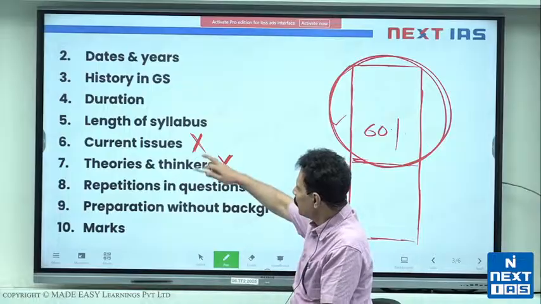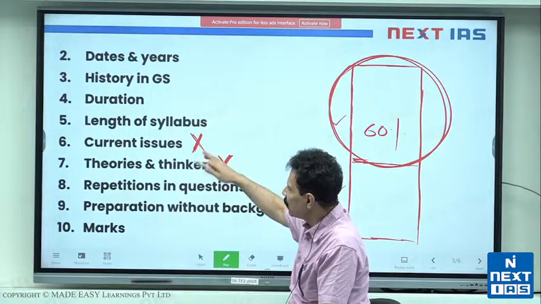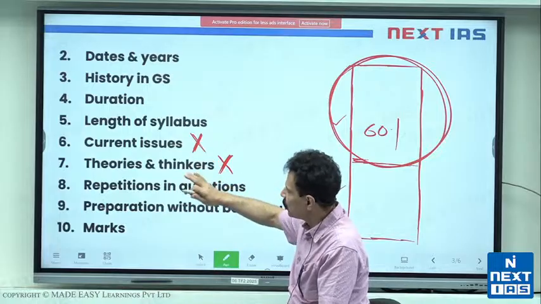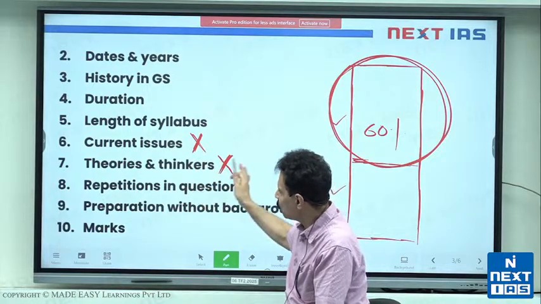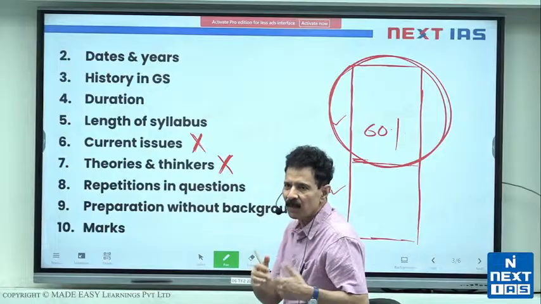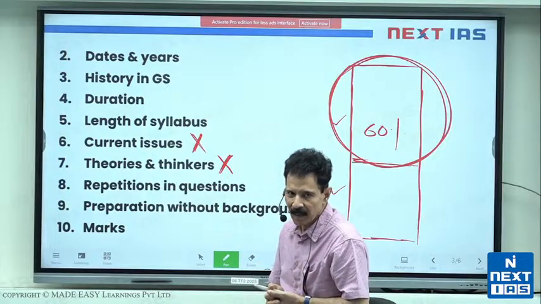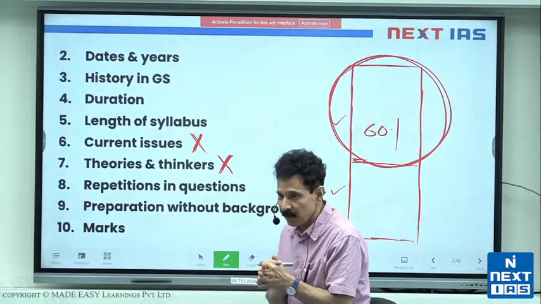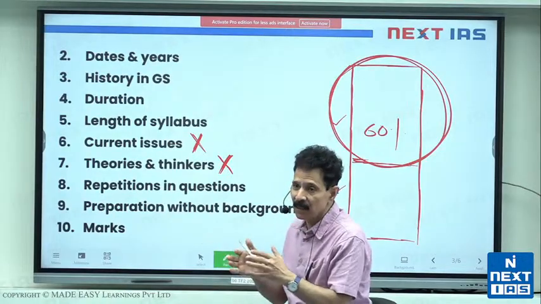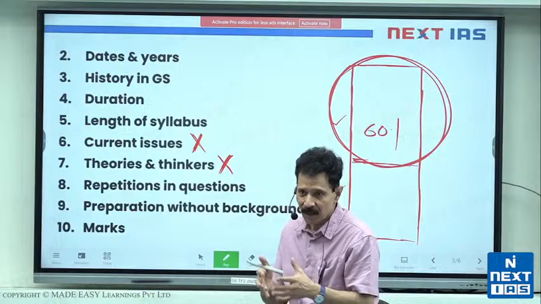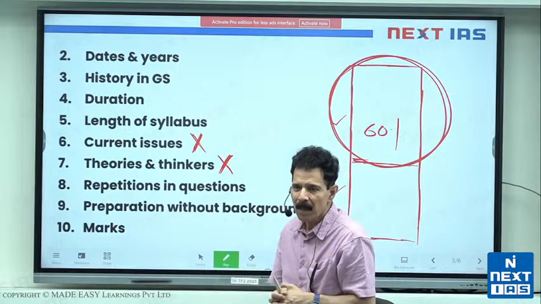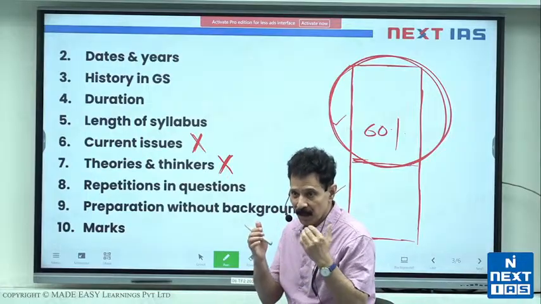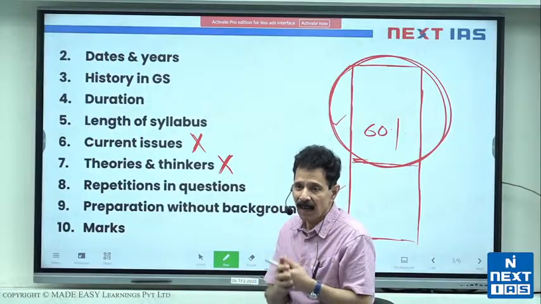And these two, I mean 6 and 7, absence of current issues and absence of theories and thinkers, make you comfortable as well. Because when you have current issues in your optional subject and typical theories and thinkers, these two consume a lot of time. You have to do a lot of extra reading. You have to read newspapers. You have to read magazines.